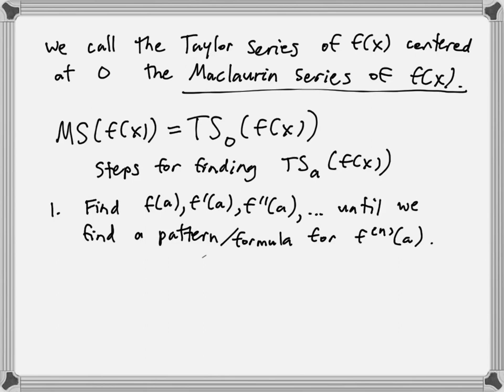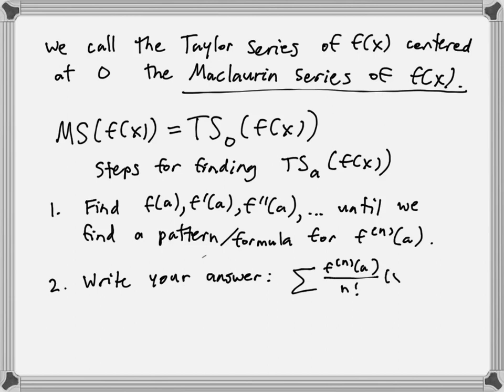Once you find this pattern, then step 2 is you just write your answer. Your answer will always be, you take whatever you found for that pattern and you put it into this summation formula, right? So this guy is just going to become the numerator of your fraction.